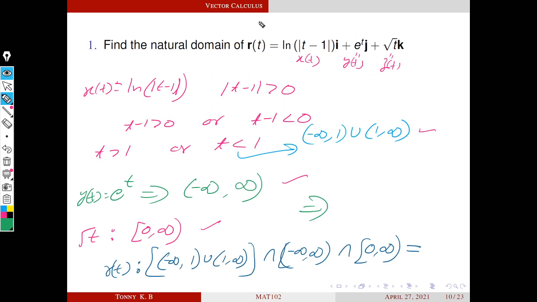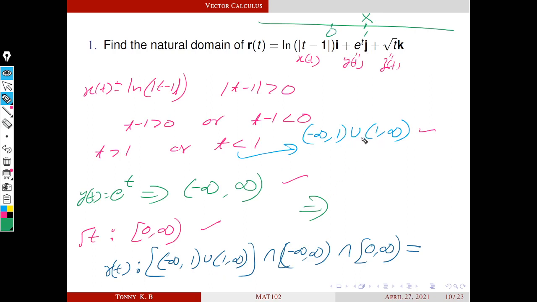So if you consider the real line, this is our 1. So this is our first part. And what about the second part? Entire real numbers. So again 1 is not there. And intersection 0 to infinity. So 0 is here. So 1 is not in this domain.